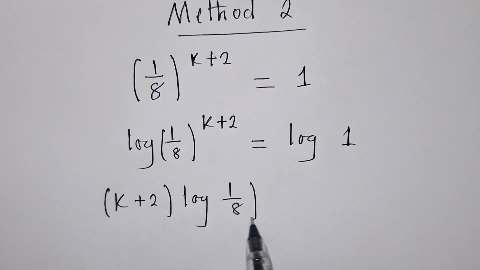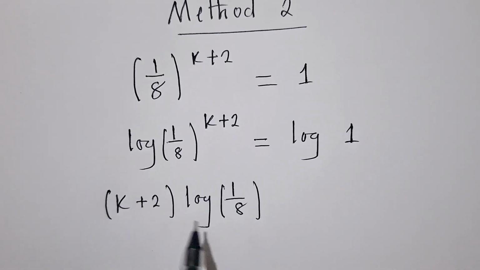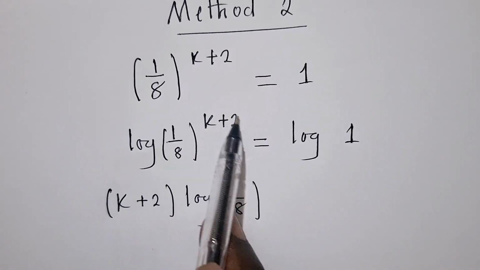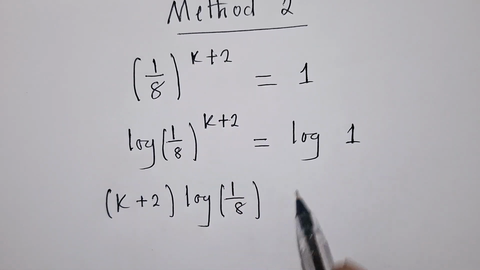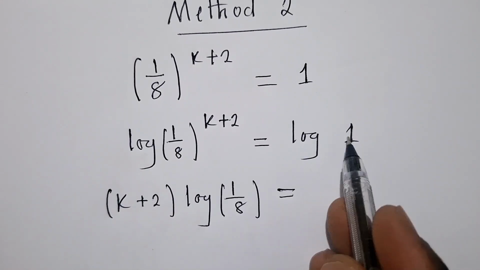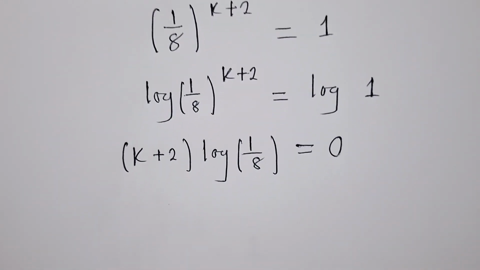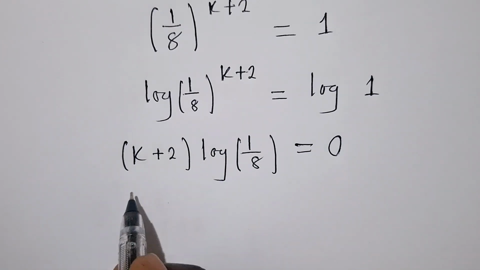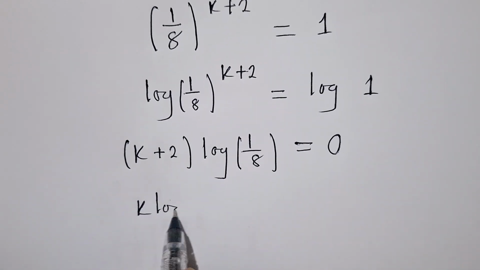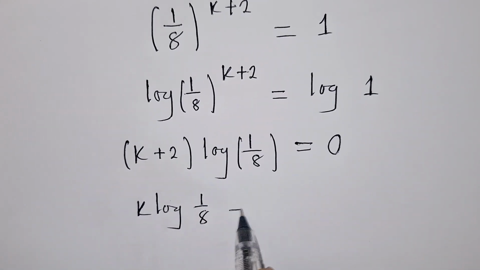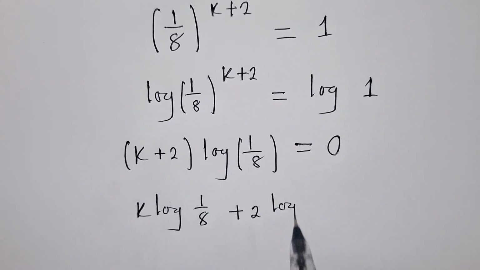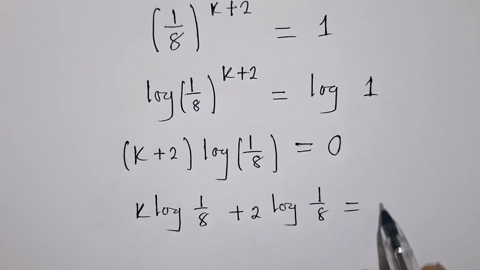In case you don't know what happens with the logs, the moment you apply the log, whatever power you have here will come in front. And on the other side, when we say log 1, it will just give us 0. So log 1 is equal to 0. We get rid of the brackets, so we've got k log 1 over 8 plus 2 log 1 over 8 is equal to 0.